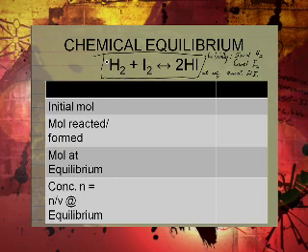Now, the first thing that we need to work out here or to understand is that we've got what we call the molar ratio. 1 mole of hydrogen reacts with 1 mole of iodine to give us 2 moles of hydrogen iodide. If I start with 1 mole of hydrogen, I will produce 2 moles of hydrogen iodide.